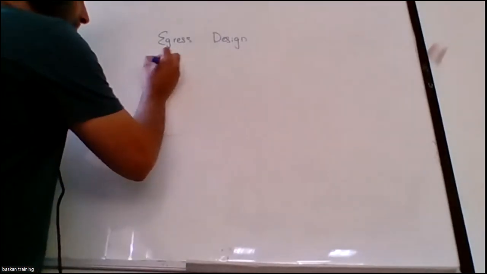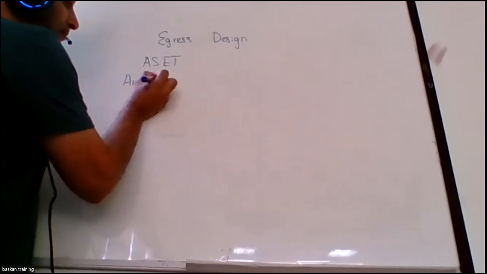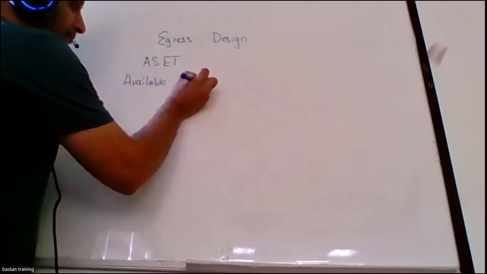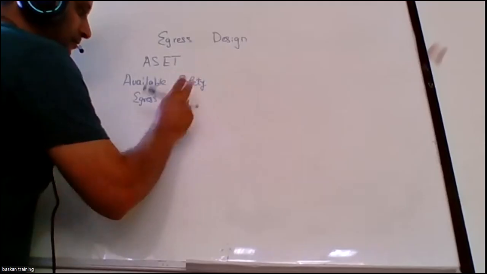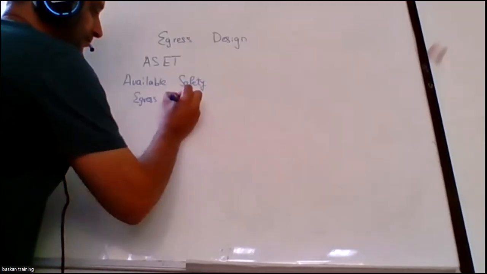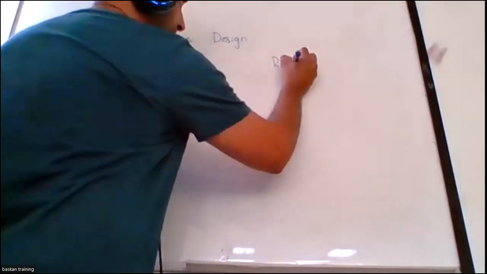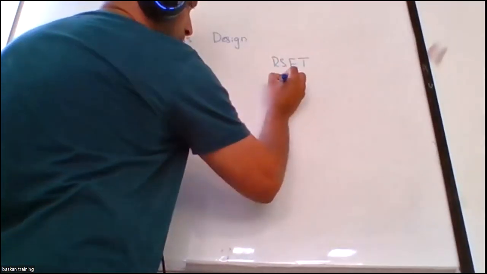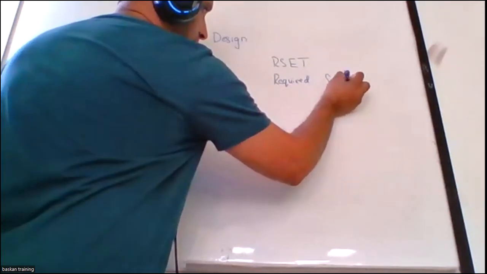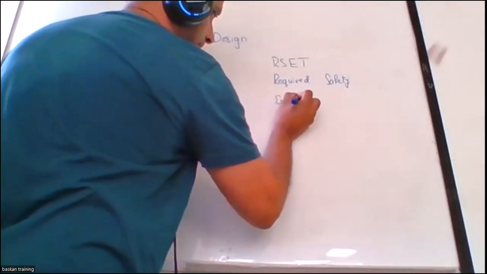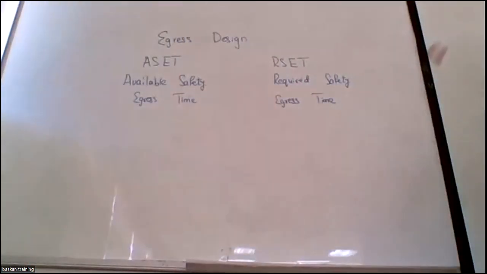One is ASET, also known as Available Safe Egress Time, and the second one is RSET, that is Required Safe Egress Time. So we have ASET and we have RSET.